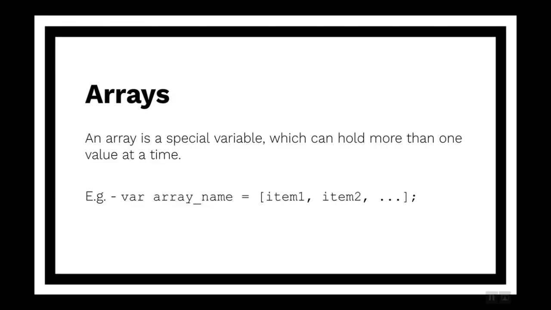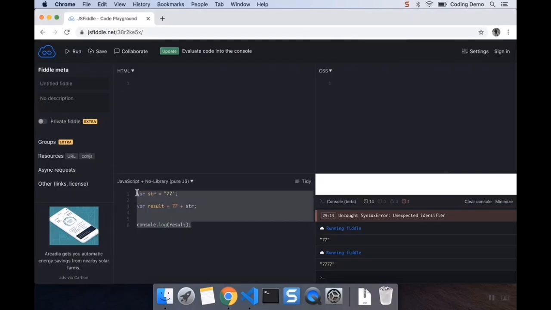All right, arrays. Arrays is another data type, well, it's not actually a data type, it's a special variable that can hold multiple values at a time. So the way to define an array is, as you can see here, let us try something with arrays. Let's say for array equals, and we'll add some values, and we'll log this out.